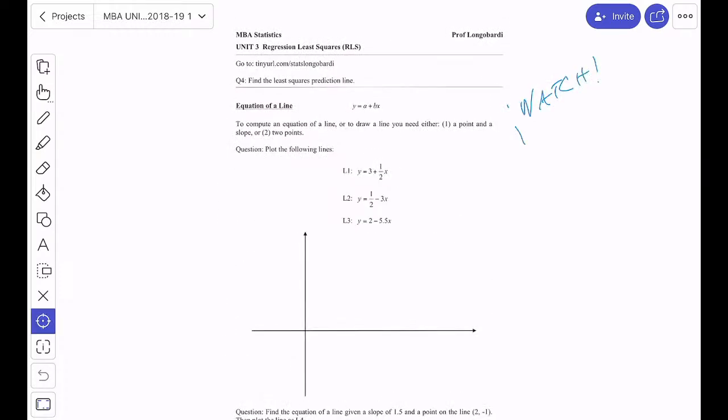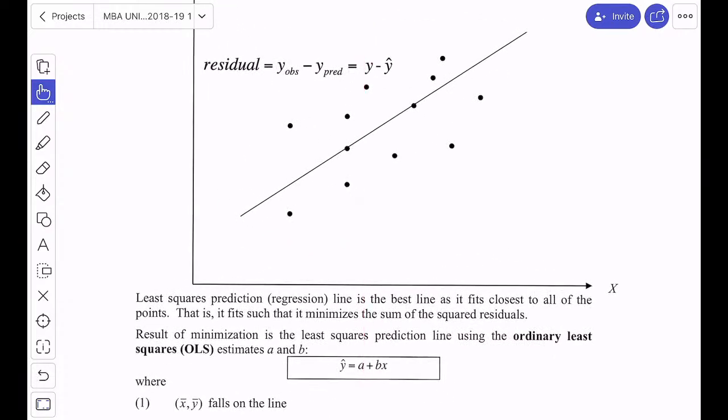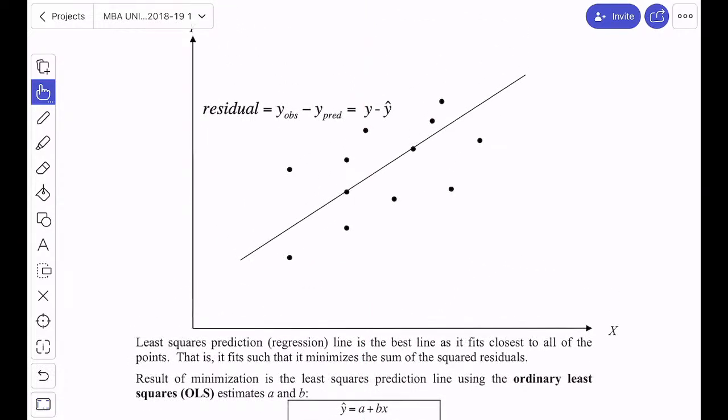So I asked you to watch this video on the equation of a line. So if you didn't, please watch that. And then I'm going to go here. So we're going to spend some time on the derivation of the prediction line.